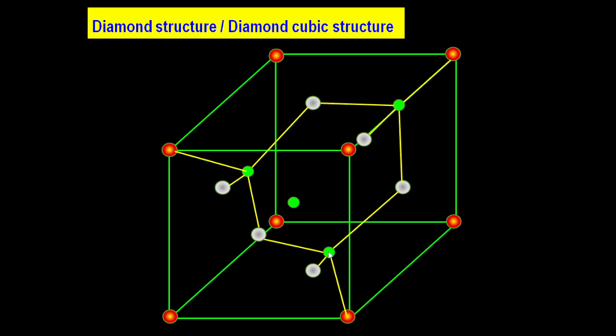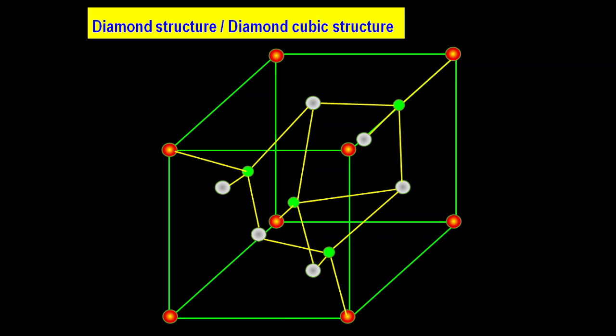So it is also tetrahedrally coordinated, and this atom is also tetrahedrally coordinated. Okay, so the atom present inside the unit cell along the diagonal is coordinated by 4 other nearest neighboring atoms. So hence its coordination number will be 4. Okay, so the coordination number for diamond structure or diamond cubic structure is 4.